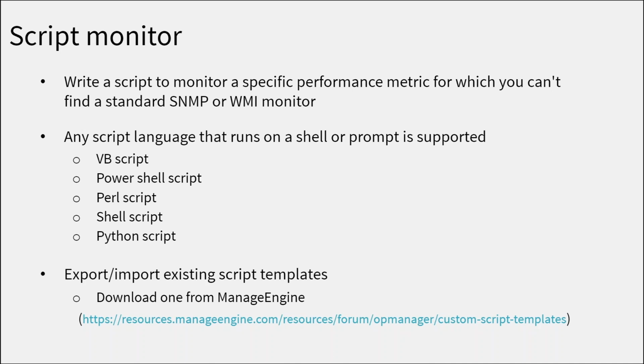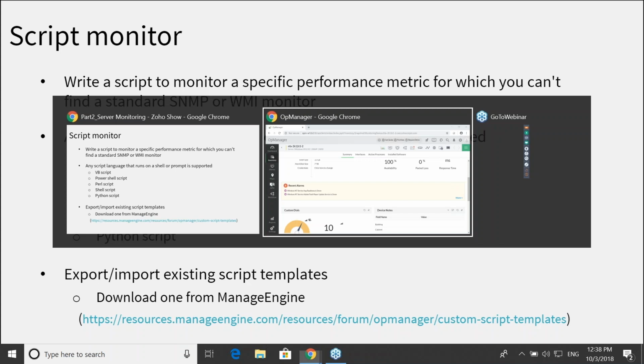And you have all the scripts shared by our customers posted in our community page, and you can access this link to download one. If you want to use one available from our website, you can try that as well. It is a simple download, and it is an XML file, and you can import it in the product.